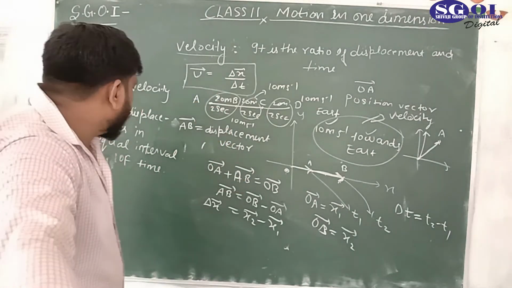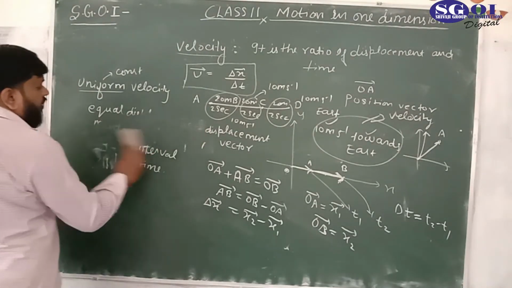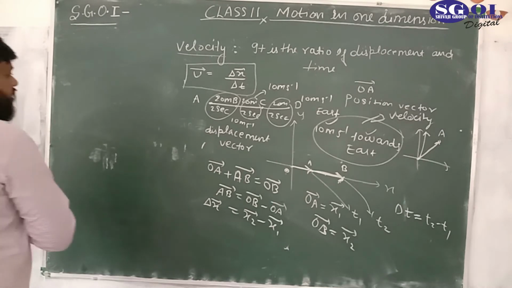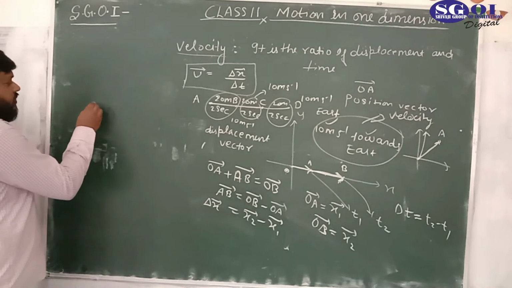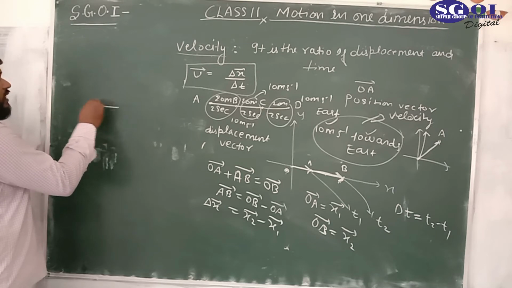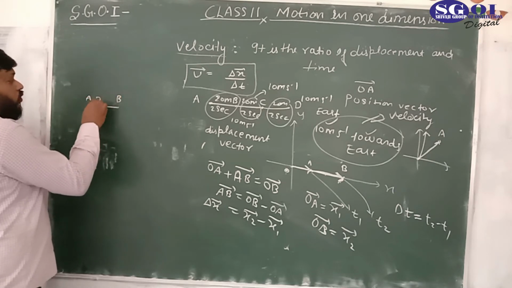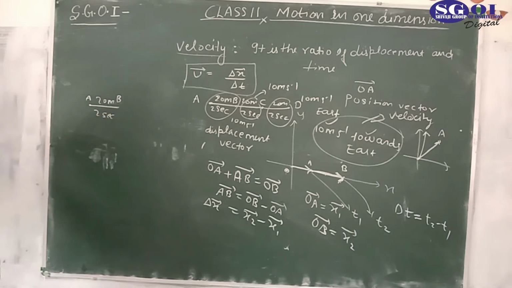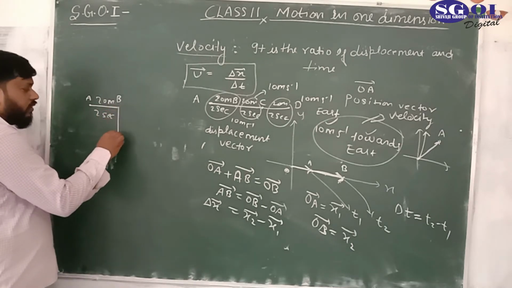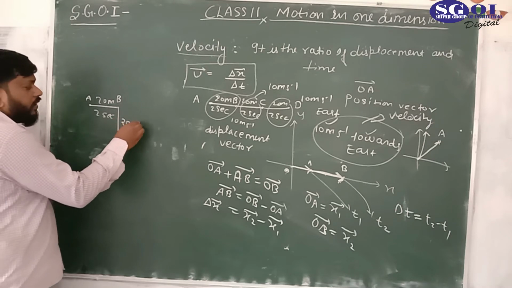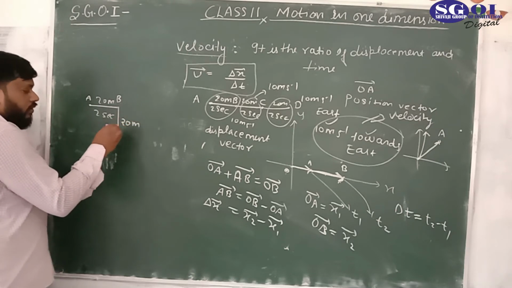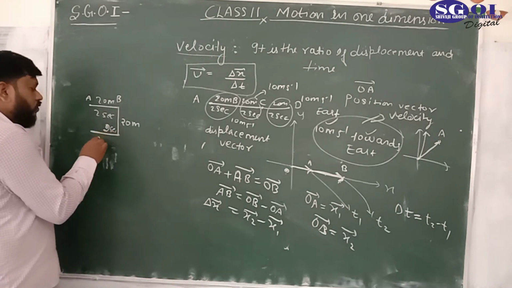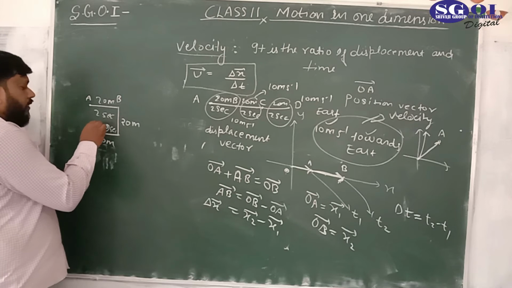So we are going to explain variable velocity, and then we will explain the average velocity. Suppose the object is moving in this direction 20 meter in 2 seconds. Now the object is going in this direction 20 meter in 2 seconds.